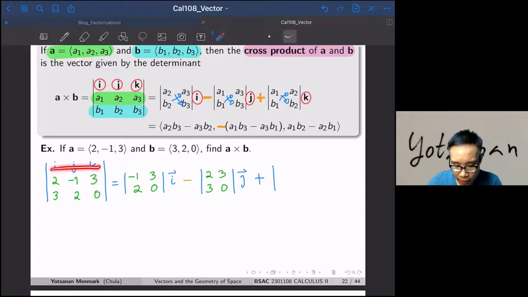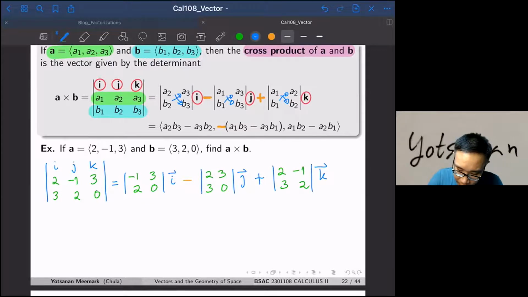So it's gonna be 2, -1, 3, 2, and it's gonna be your K. Okay. So you get I, J, K like this, and you're gonna compute this one.